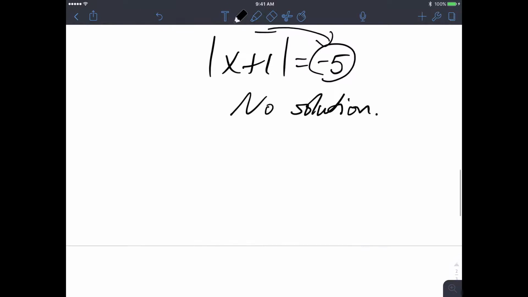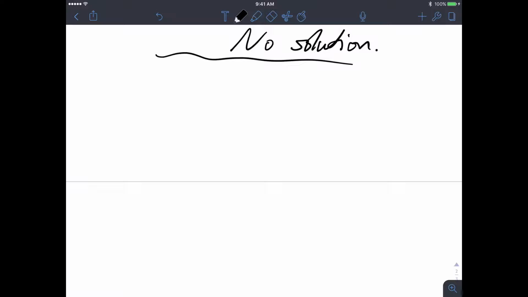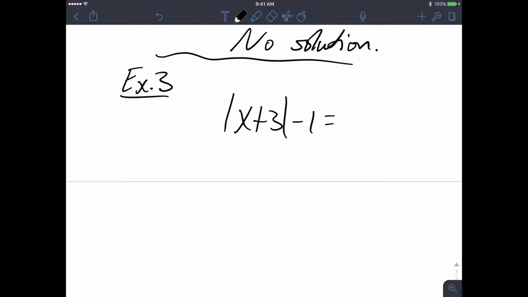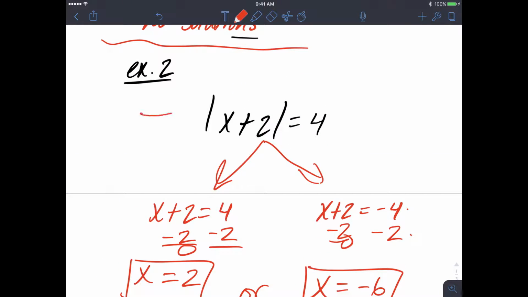What if you get a different type of example? Let's do example 3. Okay, let's say we get something like the absolute value of x plus 3, minus 1 equals 5. Just like before, we want to solve for x. But before we can break it up into two problems, we need to go ahead and get it back into the original form, a form that looks like this.